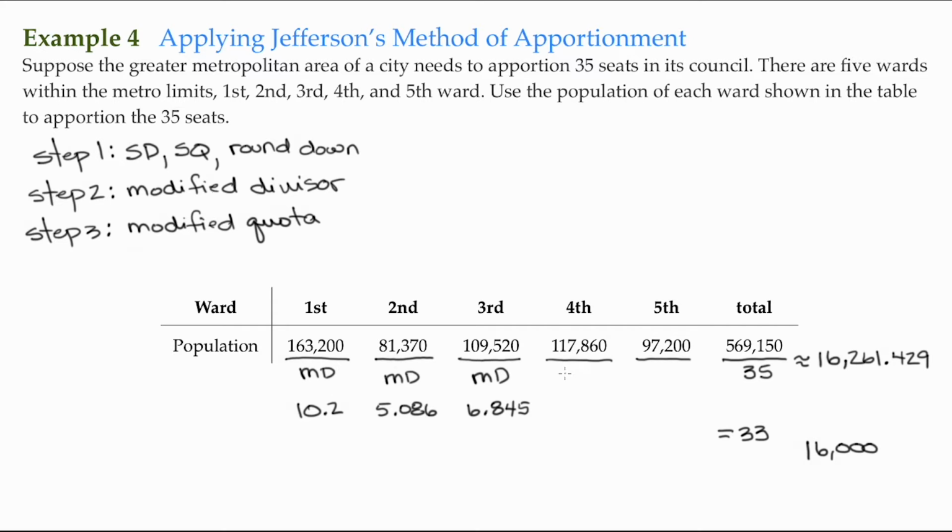For the next subgroup, the fourth ward here, use the modified divisor of 16,000, and this is 7.366. And for the last subgroup here, the fifth ward, we use our modified divisor, 97,200 divided by 16,000, and that's 6.075.